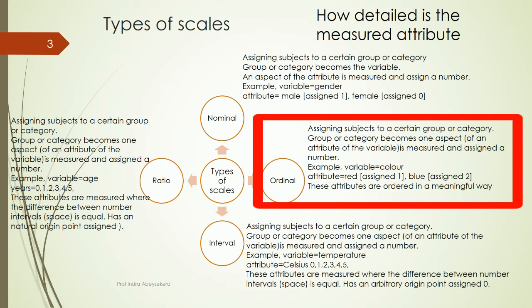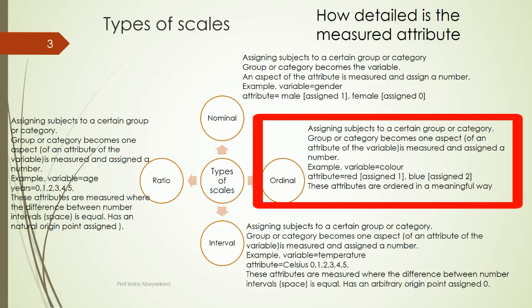The second is ordinal. We assign numbers to various groups or categories. For example, a variable could be color. It is conceptual in nature. So to measure it, we can look at various colors, red, blue, and so forth.